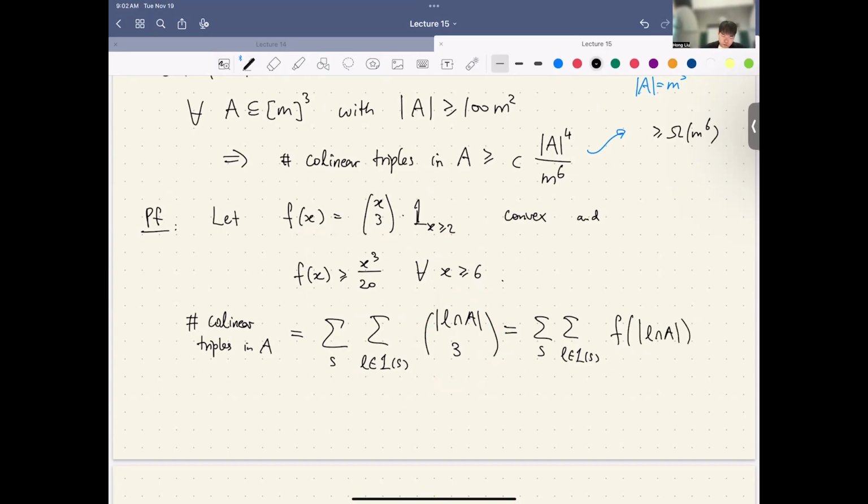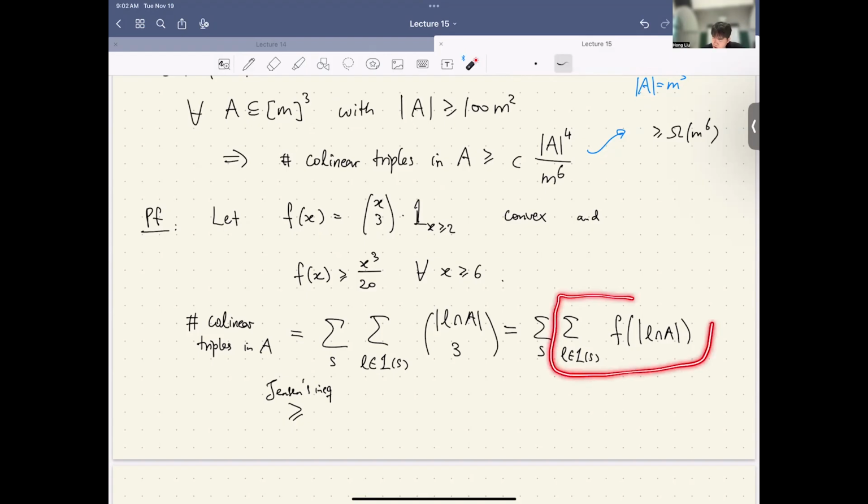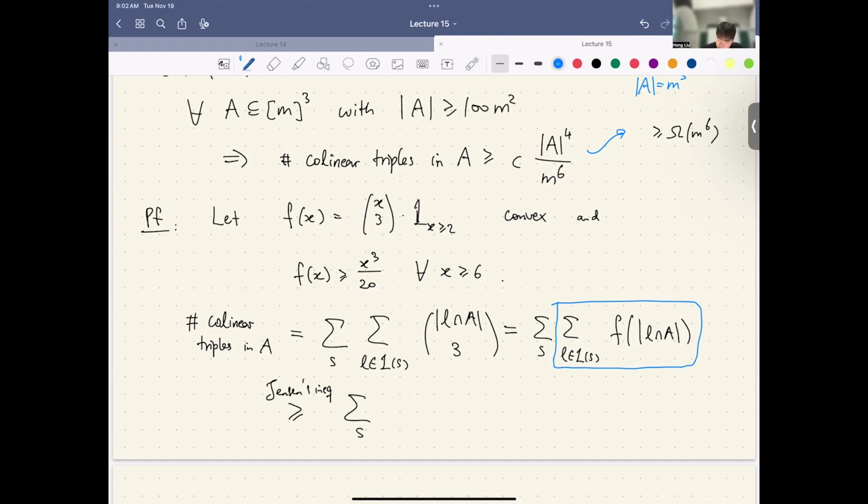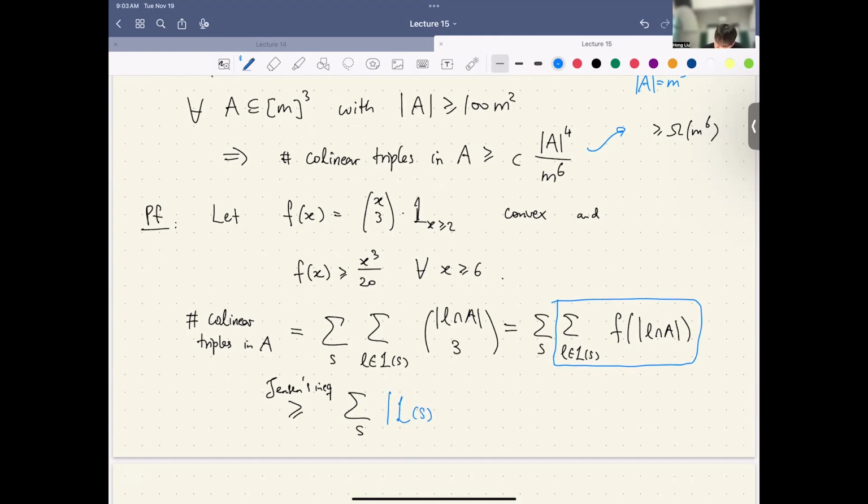Now, because this is a convex function, by Jensen's inequality, this inner summation is minimized when everything is averaged. So it's at least the sum over S of, inside means everything is average: first multiply the number of terms, and then f of the average.